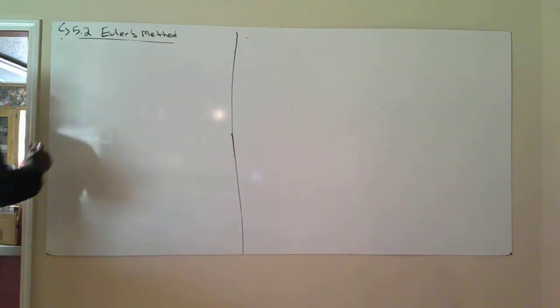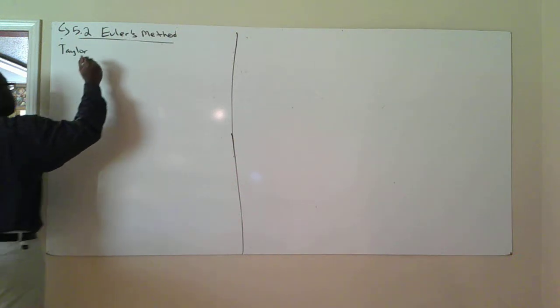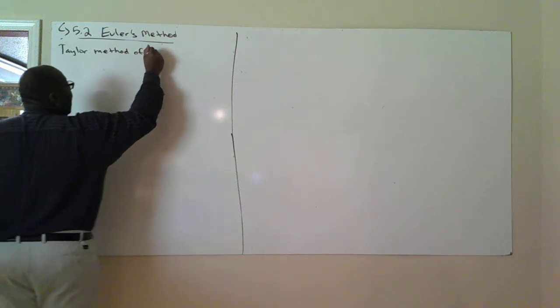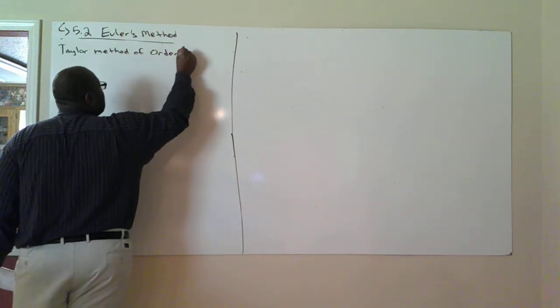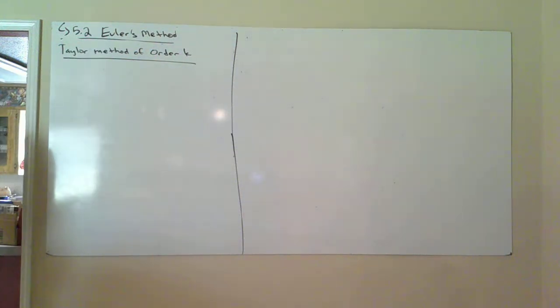So Taylor's method of order k. This is what it looks like.